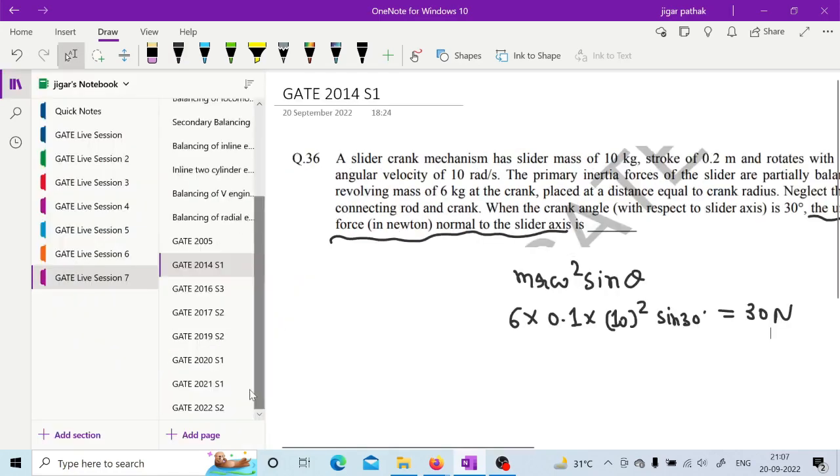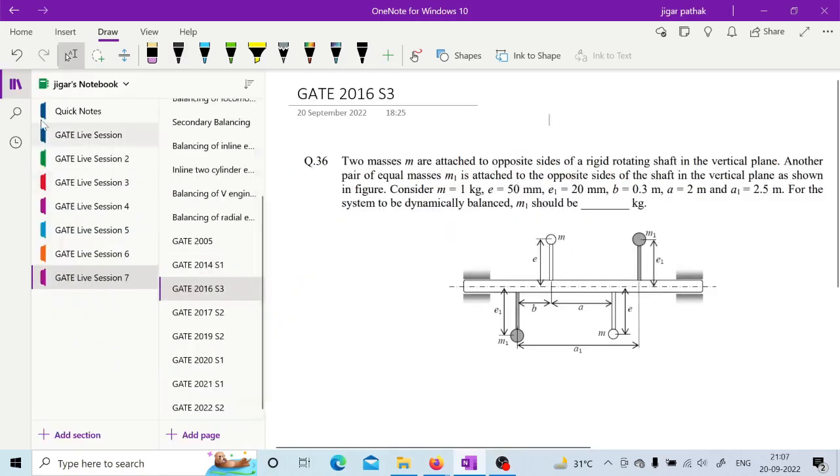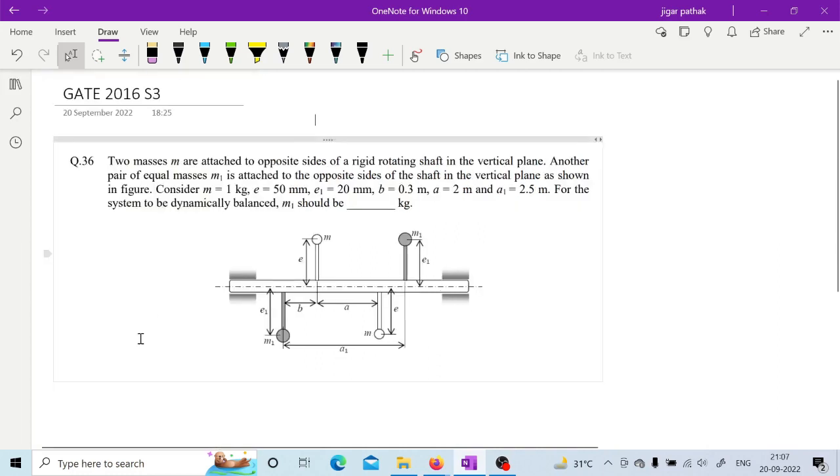Then next is this one. So here, if you see, two masses M are attached to opposite sides of a rigid rotating shaft in the vertical plane. Another pair of equal mass M1 is attached to the opposite sides of the shaft in the vertical plane as shown in the figure.